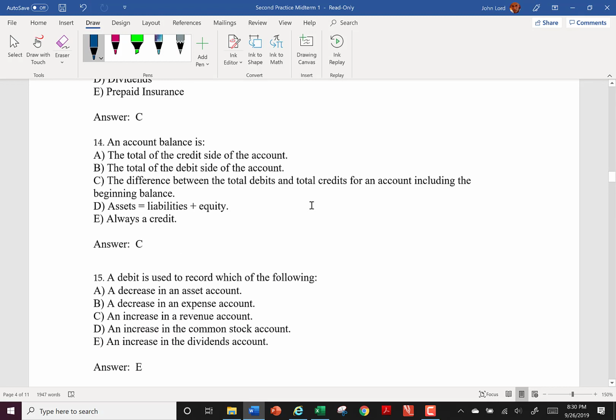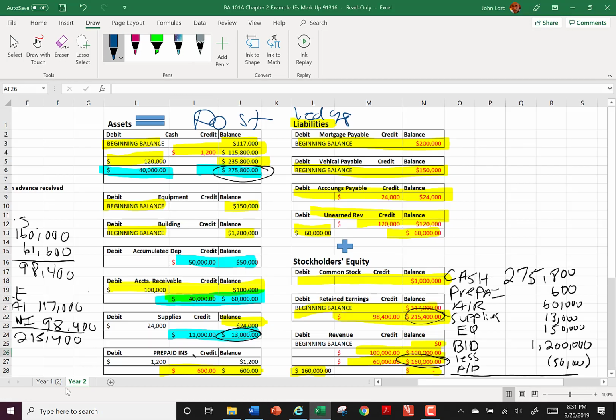Number 14. An account balance is the difference between the total debits and the credits, including the beginning balance. You're probably getting tired of hearing this, and I don't care. Beginning balance, the difference between the debits and the credits, gives me the ending balance, doesn't it?